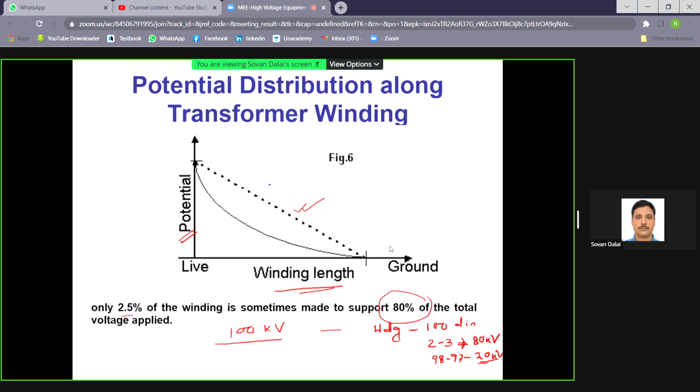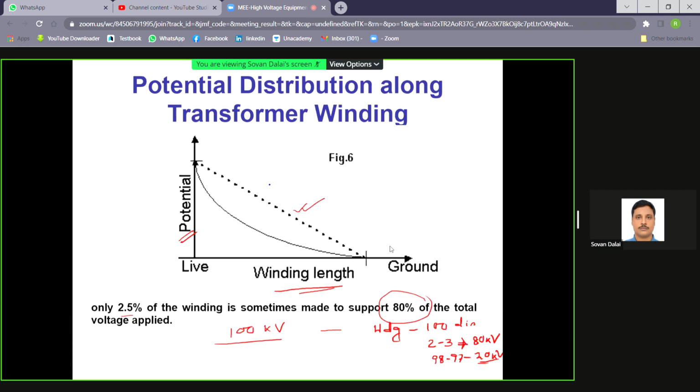In most cases, when we manufacture a winding disc, every disc is designed for the same voltage rating, but you will observe that only a certain portion of the winding actually withstands the maximum voltage.